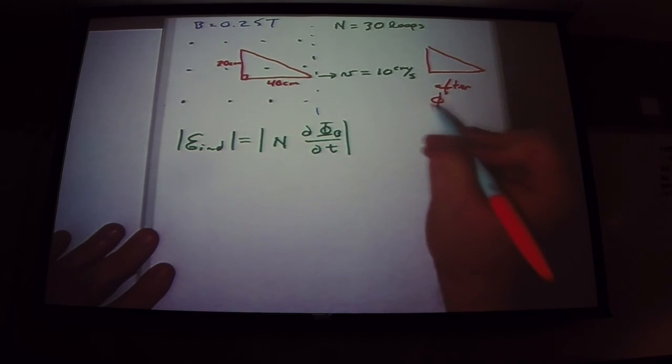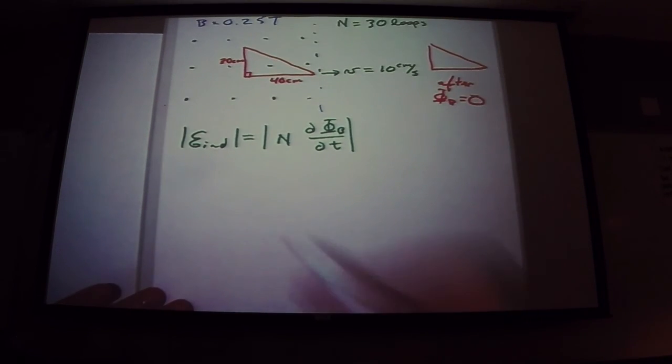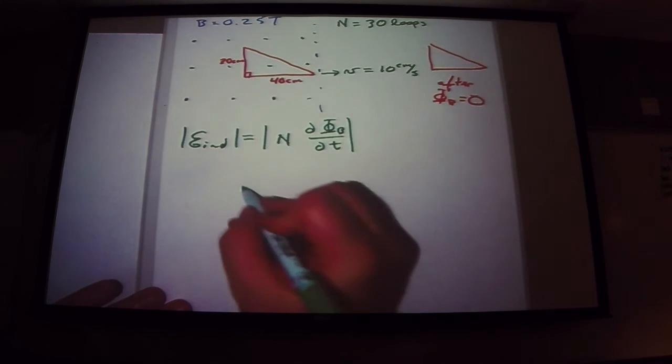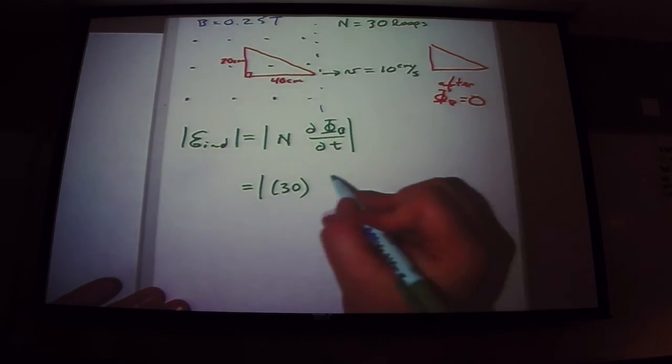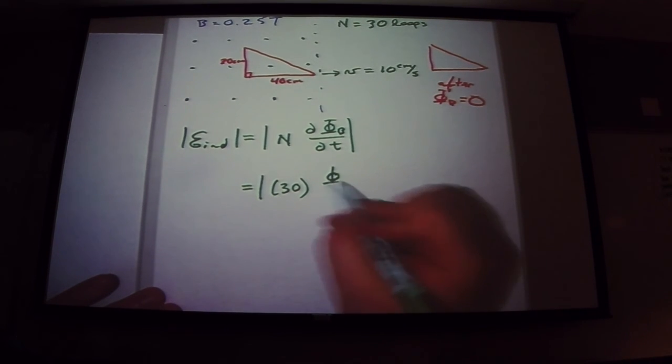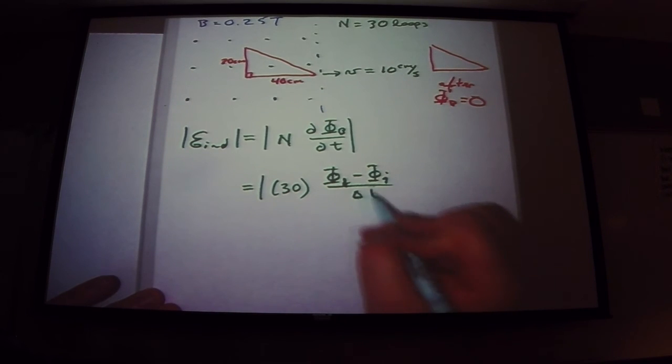Somebody better be able to answer that. 0. I pulled it out of the magnetic field. The flux is 0. So my N is 30. My final flux is 0. So Φ final minus Φ initial divided by delta T.